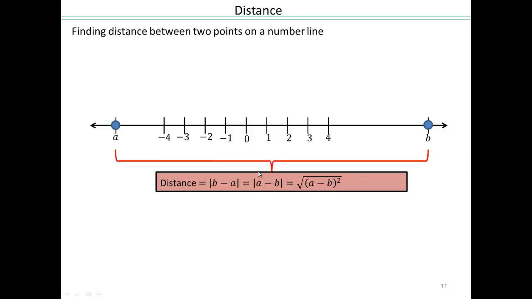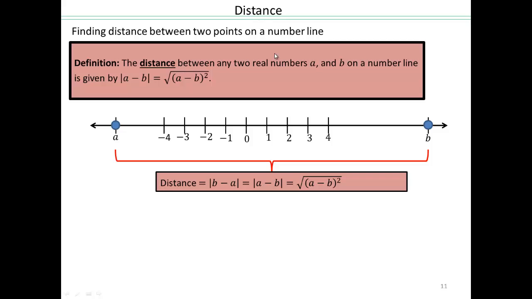Another way to think of absolute value, now that you know how to work with radicals, is the square root of (A minus B) squared. Just keep that in mind when we extend to two-dimensional space.